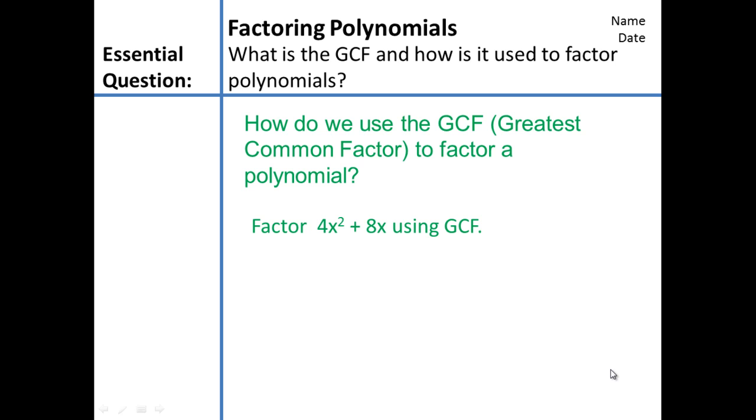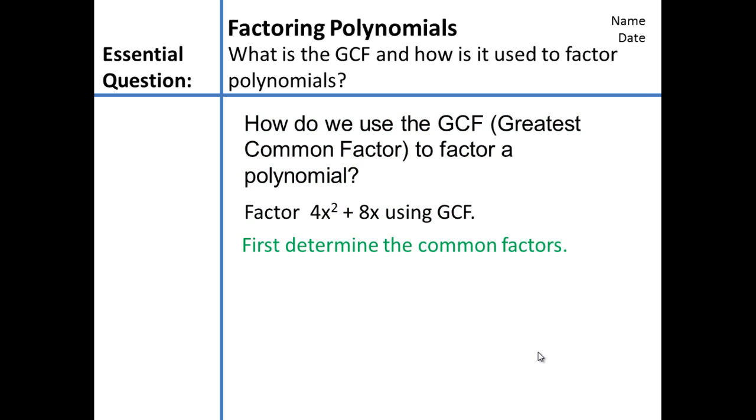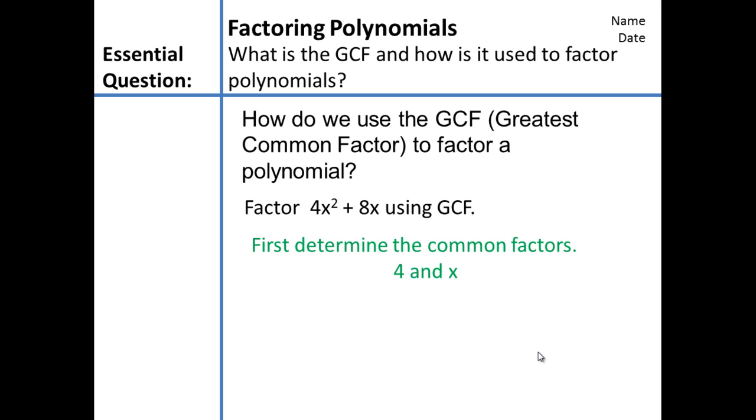After we have identified the different parts of a polynomial, we look at how to factor the GCF, or the greatest common factor. So, first example, factor 4x squared plus 8x using the greatest common factor. We first need to determine the common factors of 4x squared and 8x.